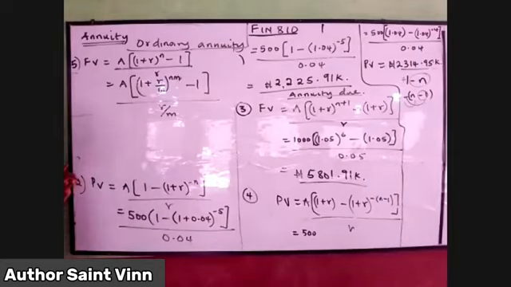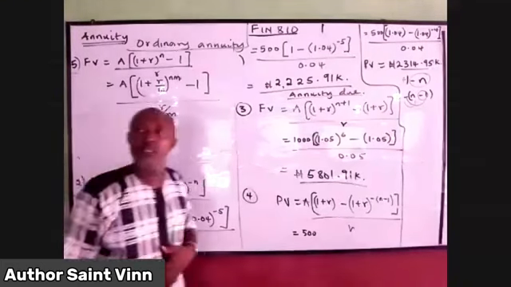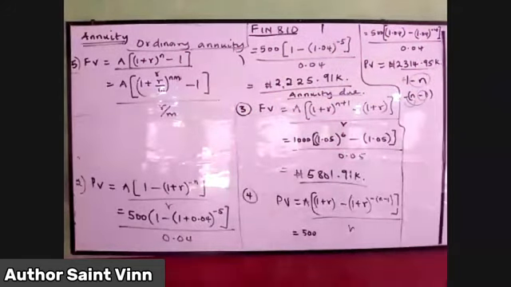And this question mentioned daily. That means interest will be paid daily. And there are 365 days in a year, except leap year, which is 366. We know we're in a leap year, but we'll still assume 365.